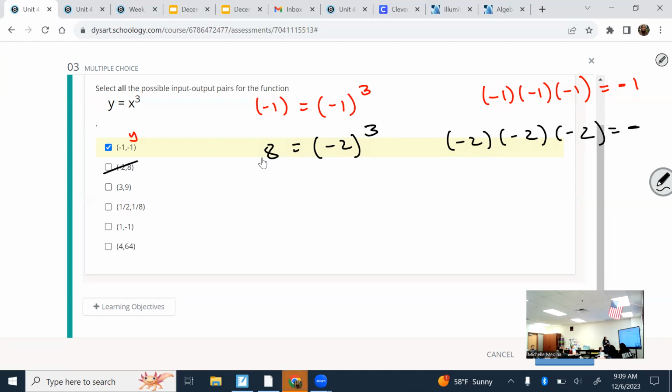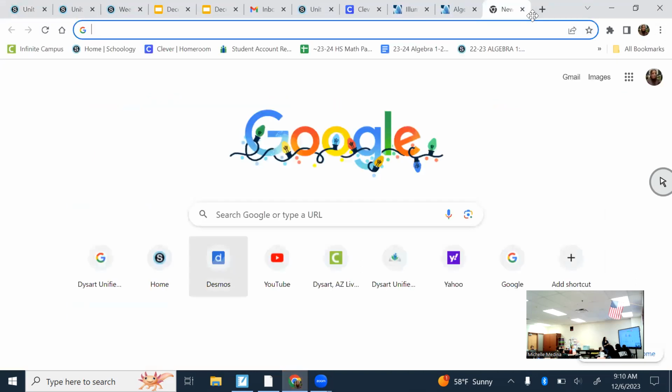This one, if I cube a 3, do I get 9? No, I get 27 actually. 3 squared is 9. So don't pick that one. This one I'm for sure gonna need a calculator. But, yeah, anytime you use a calculator and you're plugging something in, use parentheses.